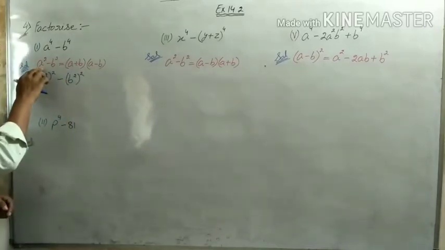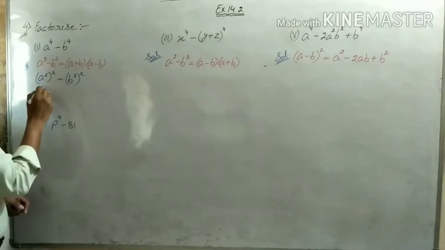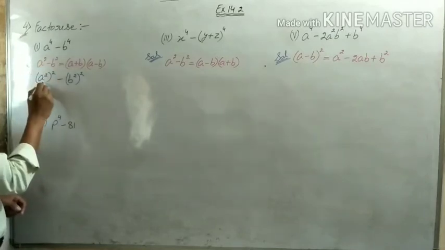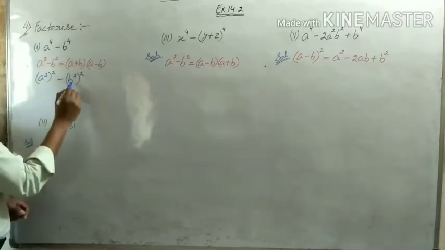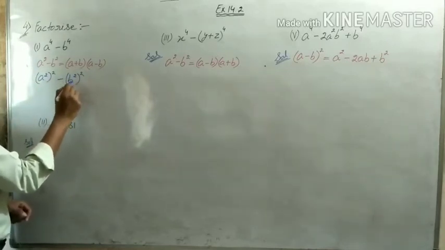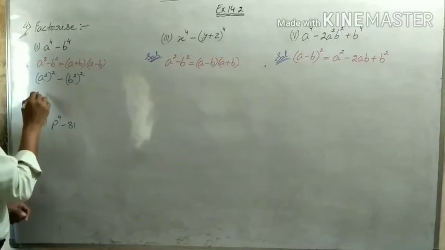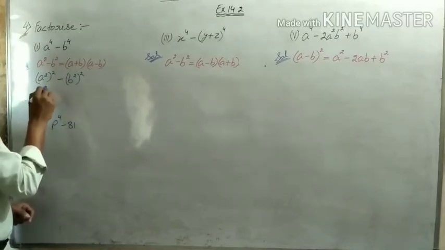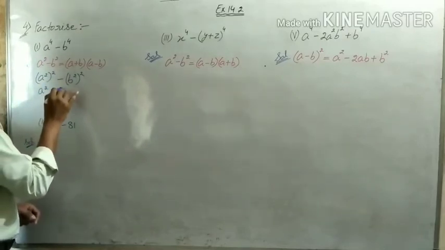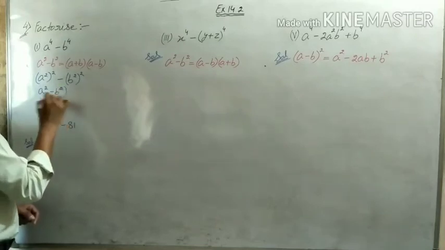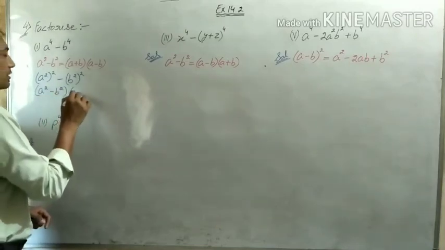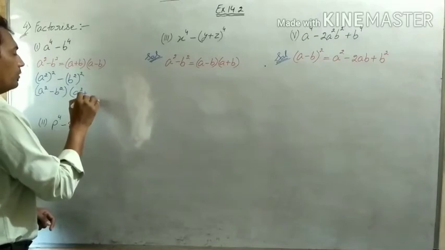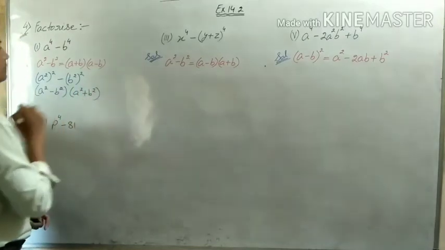Now we can apply this identity here. So a square whole square. The quantity which is in the bracket is actually your a, and here the quantity in this bracket, the b square, is actually your b. Okay, so a square minus b square, one time minus and one time plus, a square plus b square.